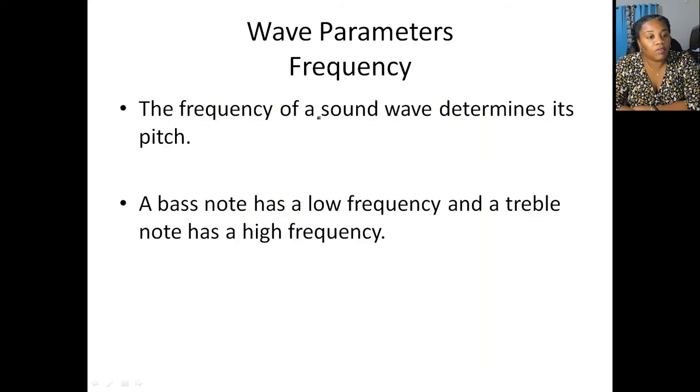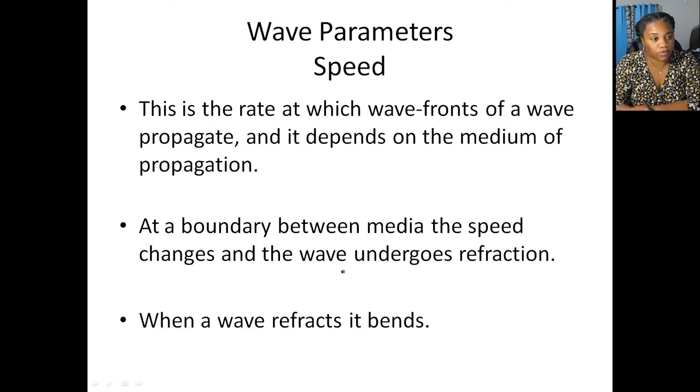The frequency of a sound wave determines its pitch. A bass note has a low frequency and a treble note has a high frequency. Speed. This is the rate at which wave fronts of a wave propagate, and it depends on the medium of the propagation. At a boundary between media, the speed changes and the wave undergoes refraction.